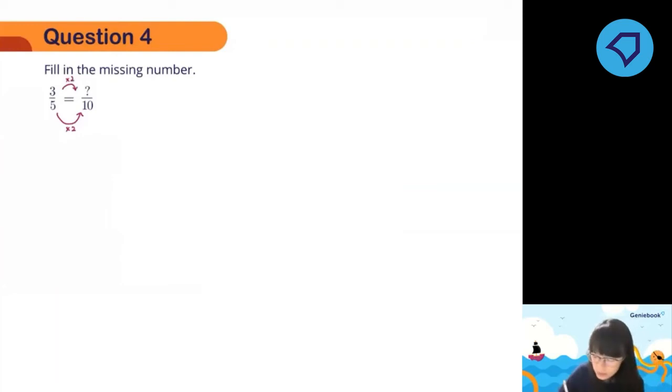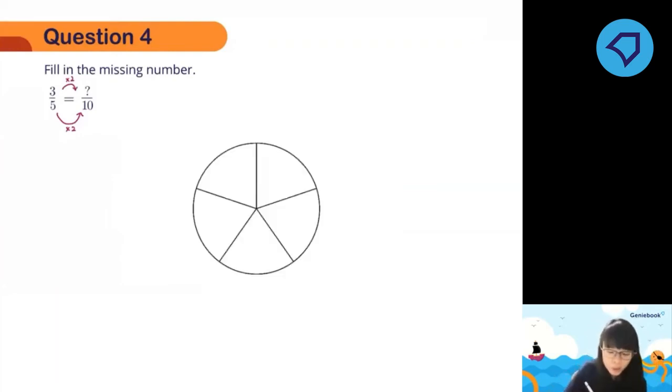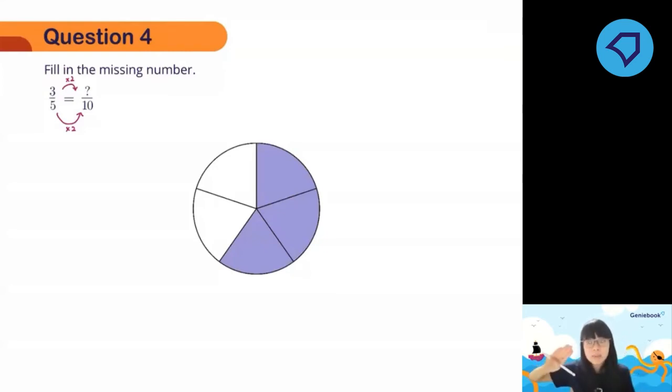Yes, you guys got it already. So let's take a look over here. What do I mean by this one? Let's have a better understanding. If I have 1, 2, 3 parts that are being shaded, and now I want to go from 5 to 10, it means I'm going to increase the number of parts, right?